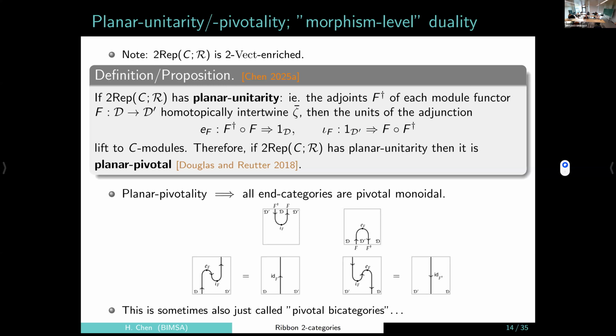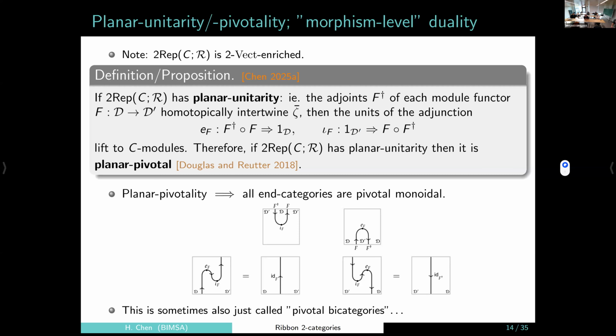Once you have that, because of the dagger adjunction condition and also the unitarity condition on H itself, I can write down units of the adjunction and lift them to C-modules. In other words, these become C-module natural transformations. So they do indeed live in here.